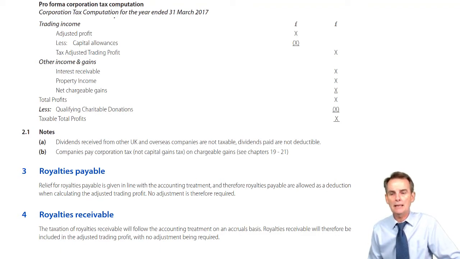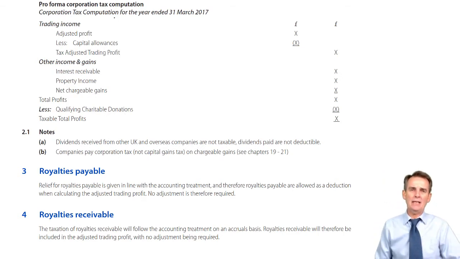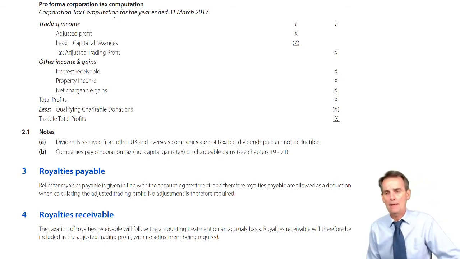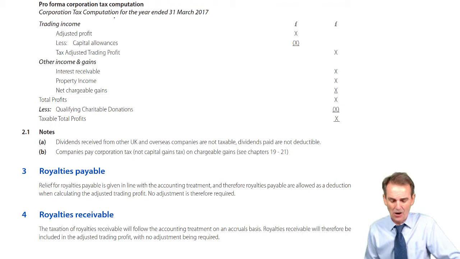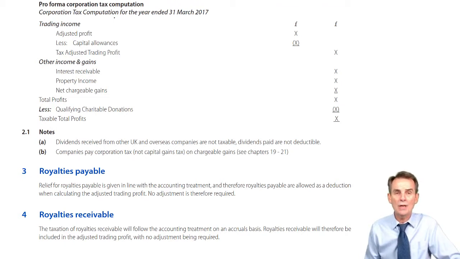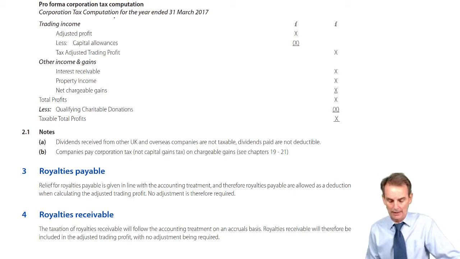Other than trading income, any non-trading income, interest income and property income were the ones most likely. Again, these are brought in on an accruals basis: interest receivable, and then property income on a basis of rental income accrued, less allowable expenses incurred.